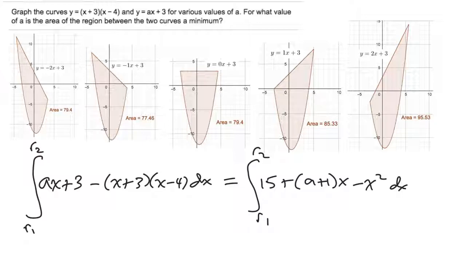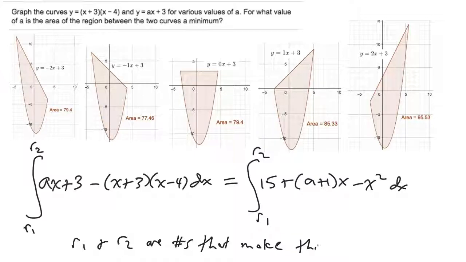Now that's the thing that I would set equal to 0 and use the quadratic formula on to find my R1 and R2. So I'll just make a note that R1 and R2 are the numbers that make this 0.